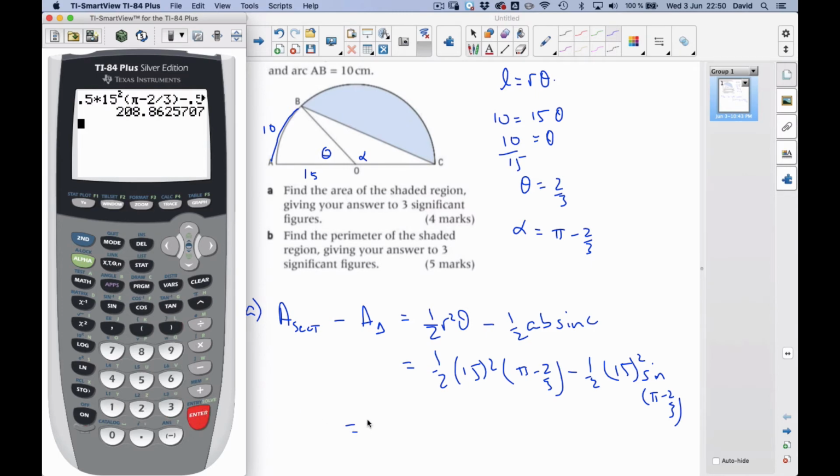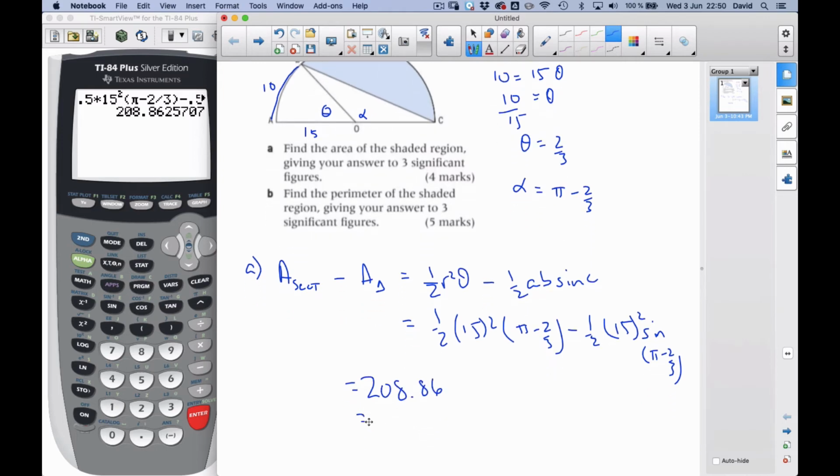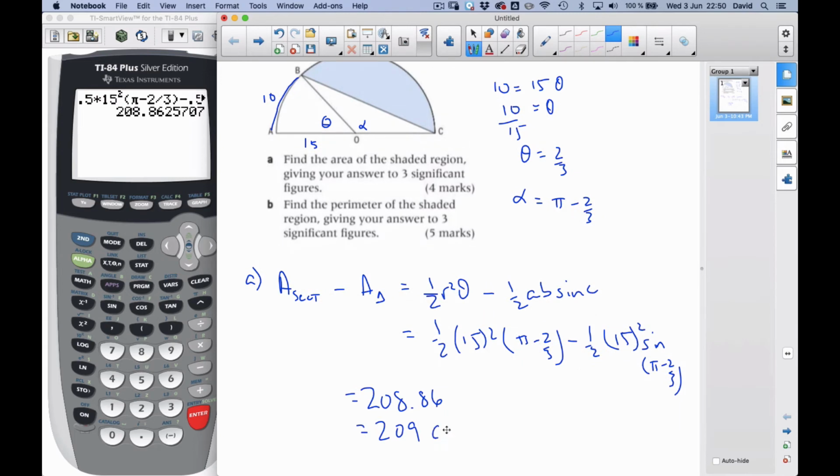And that gives me an area, the shaded region is 208.86. To 3 significant figures it is 209 centimeters squared.